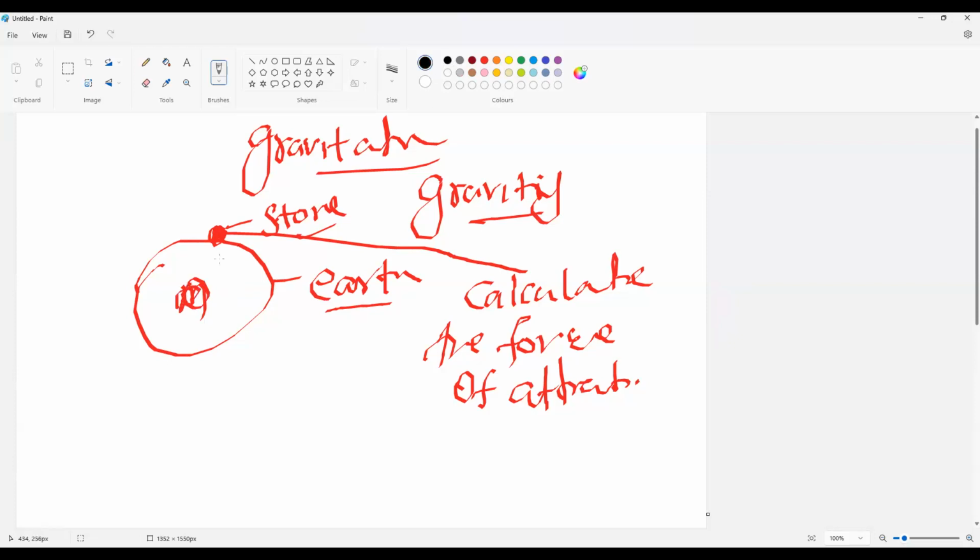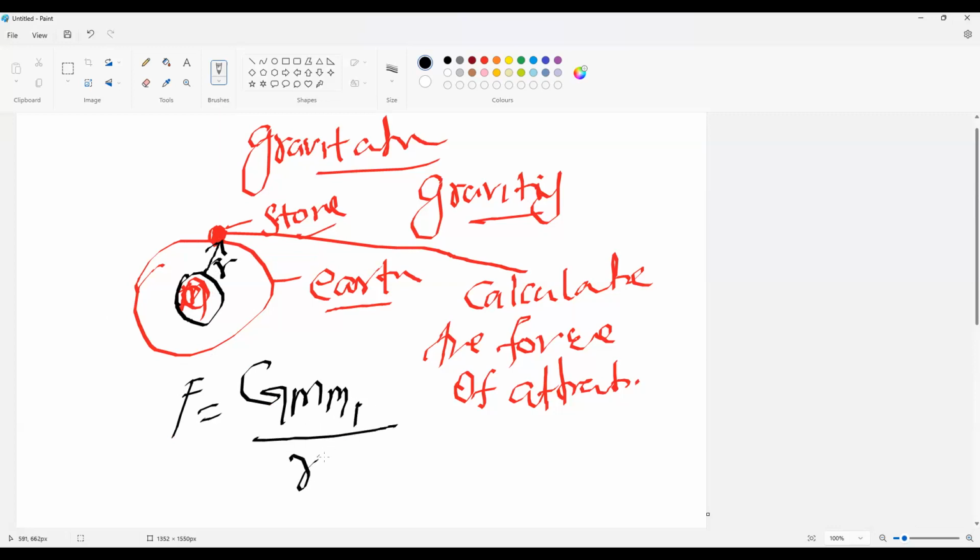So here, let's take it that it is coming from the center of Earth. So this distance, can we call it R? Yes, sir. Since I am calling this R, I'm taking this equation as F is equal to G m M1 by R square.